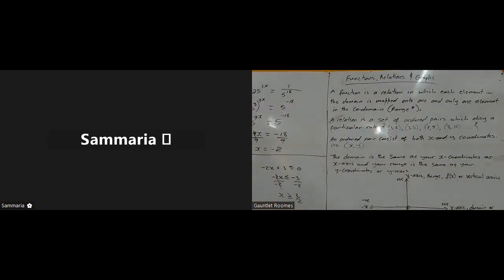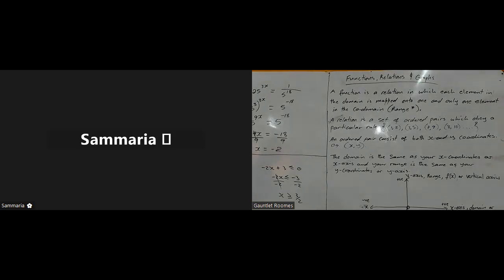I repeat that. A function is a relation in which each element in the domain is mapped onto one and only one element in the co-domain.